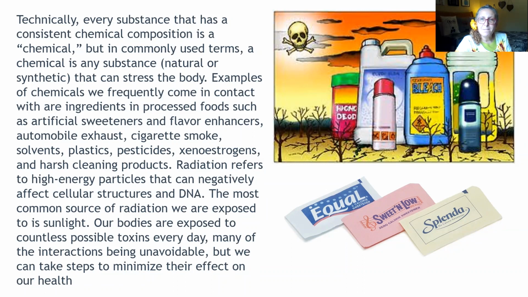There are so many toxins that we literally eat every day. And then there are those toxins that we inhale, such as automobile exhaust and cigarette smoke. Now we don't ingest solvents and plastics, but we do have a lot of the byproducts of them that we're inhaling constantly.